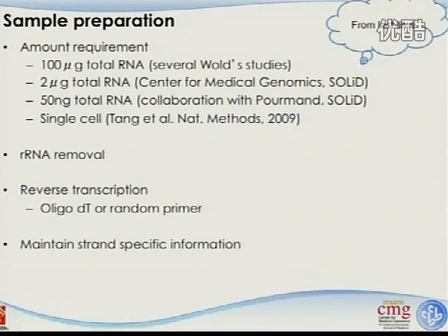And we also need to consider whether the assay itself maintains the strand of the RNA. Sometimes when you study non-coding RNAs, it's very important to have that maintained because we don't know the exact annotation of those non-coding RNAs. Another thing we need to consider is paired-end, whether you want to use that or not. If gene fusion, for example, is something that you want to discover, paired-end is probably a must.